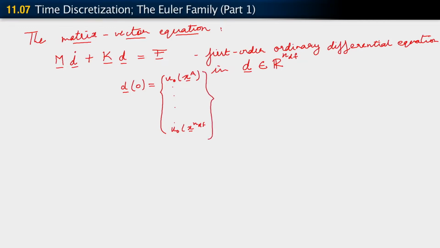Instead of continuing to number by nodes, we've forgotten all about nodes. Now we're just looking at this linear system of equations where d belongs to an NDF-dimensional Euclidean space, and this is what we have for the initial condition. It's convenient, and often done, to refer to this vector as just d naught. So this is the setting we have.